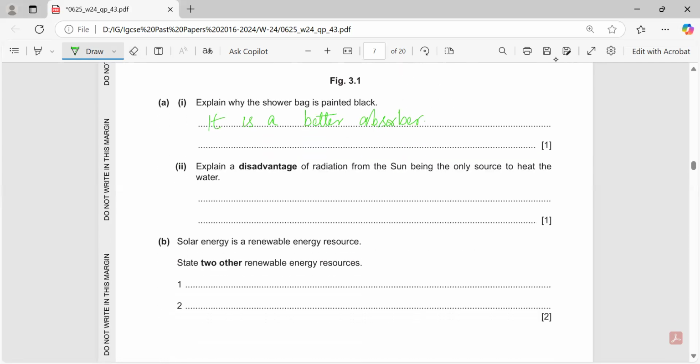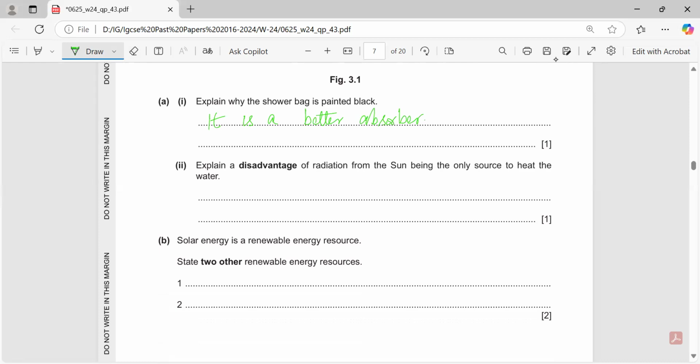Explain a disadvantage of radiations from the sun being the only source to heat the water. So reliability and availability, these things.